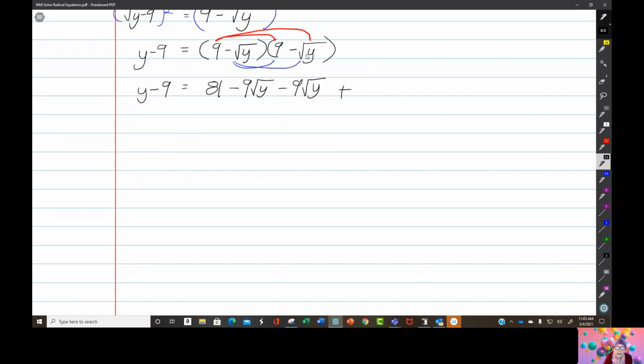And the square root of y times the square root of y is the square root of y squared. So see if you go slowly and methodically, you get there. And I need to remind myself of that, not to speed up, but to slow down.